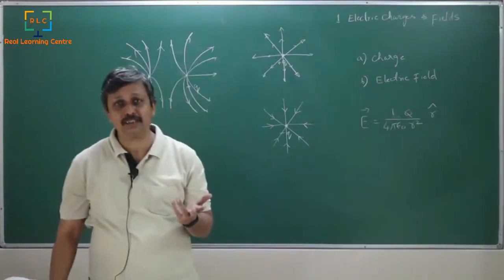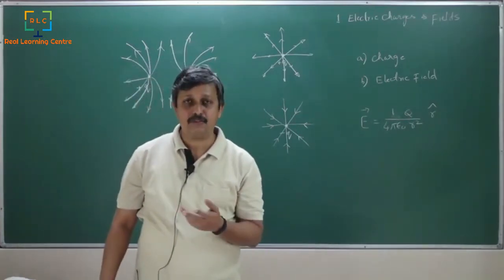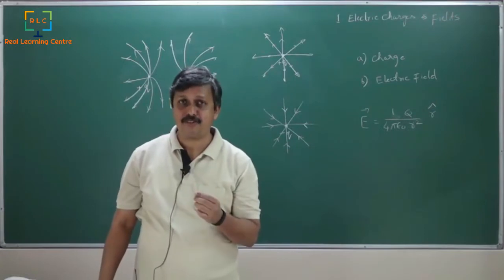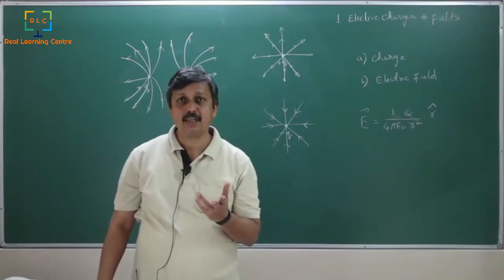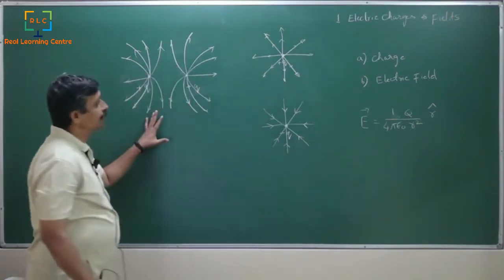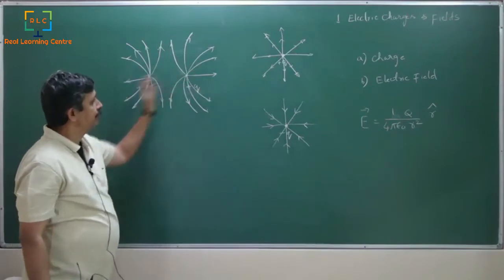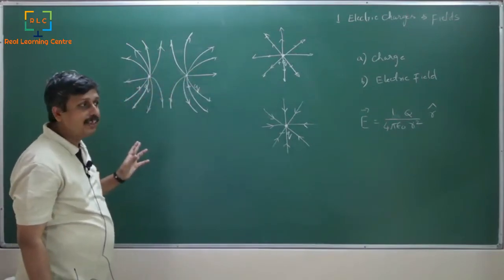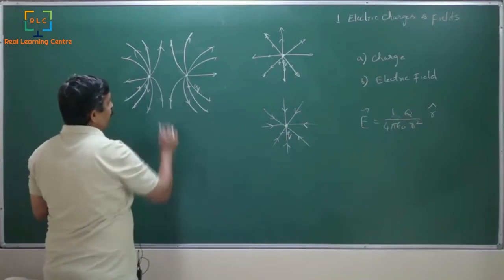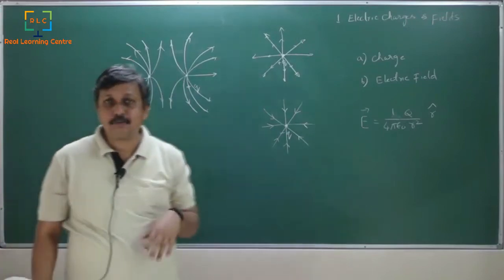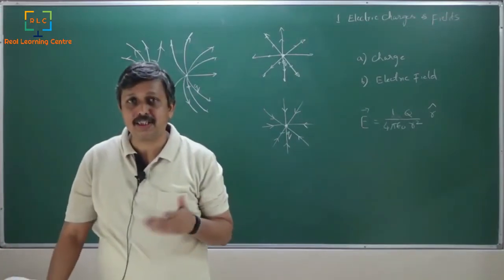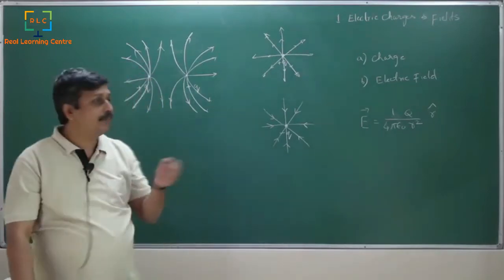If you are asked to draw how it looks when you put two positive charges nearby, it looks like this. They are going to repel, and you can clearly see in the middle there are no field lines. That means the field here will be zero.